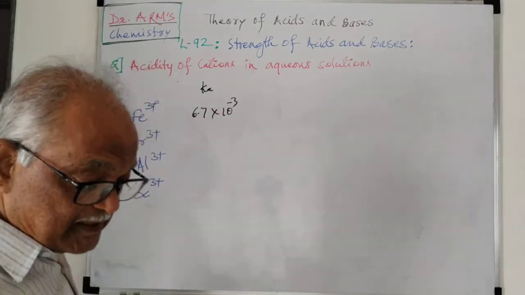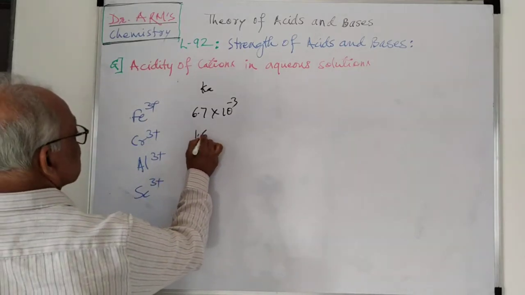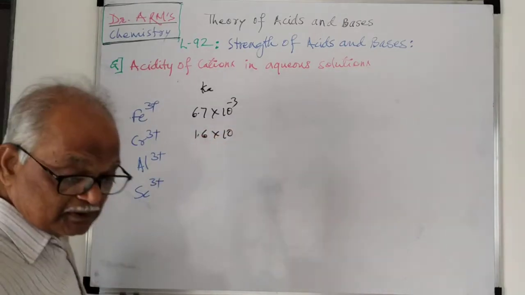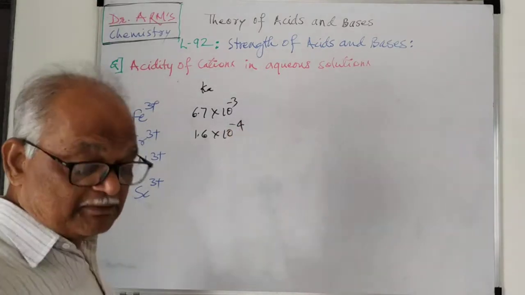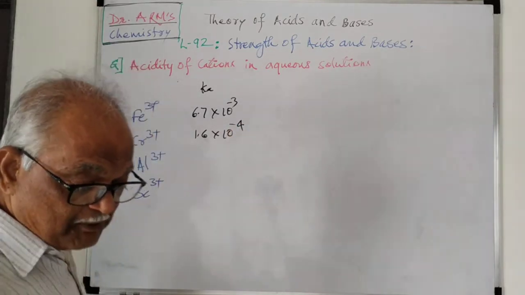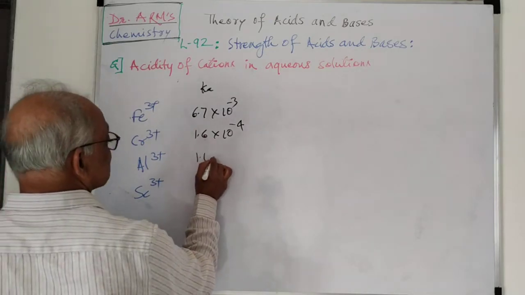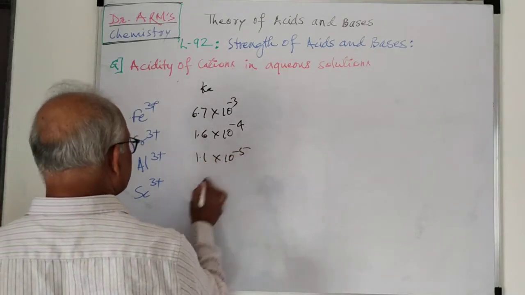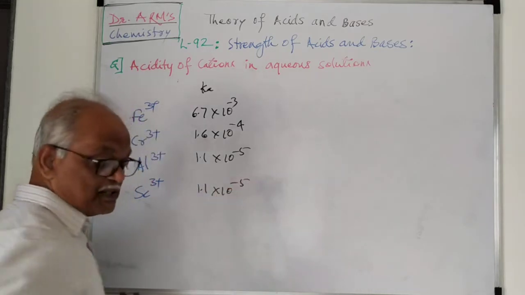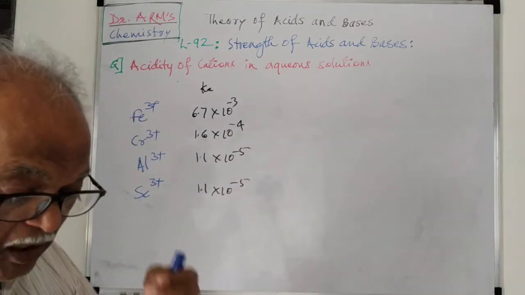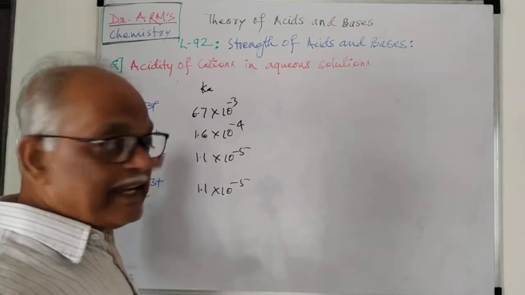Then the next has 1.6 into 10 raised to minus 4. Then aluminium has 1.1 into 10 raised to minus 5. This has also 1.1 into 10 raised to minus 5. Then these are higher oxidation states.